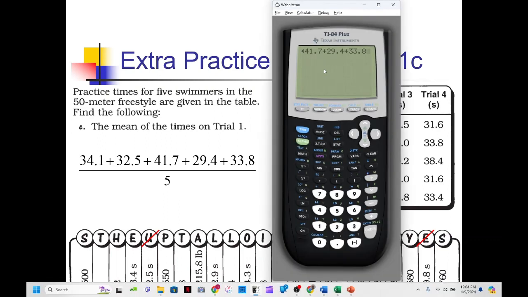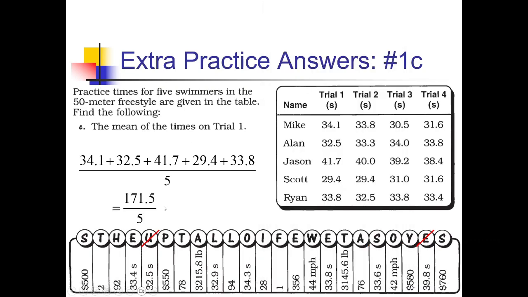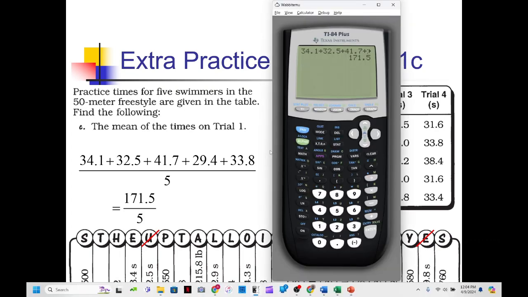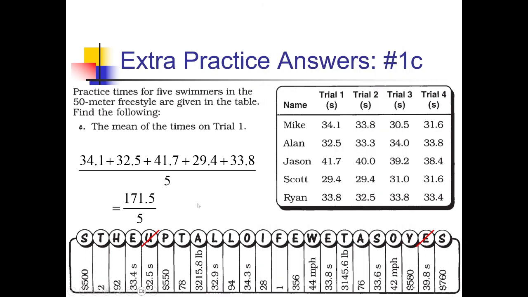So adding all that up on the calculator, that comes out to 171.5 in my numerator. Dividing all that by 5, that's going to be 34.3, and that again is seconds. So 34.3, let's see, that's going to be right here. That's going to be O that I'm crossing off.